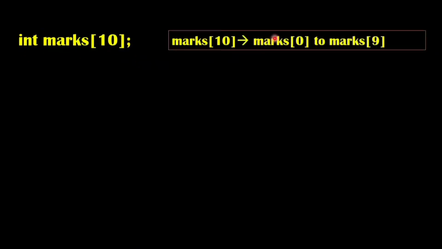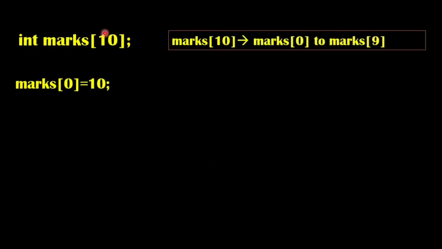You can store the marks from marks[0] to marks[9]. When you declare an array as marks[10], you can store the elements from marks[0]. We start from 0 so that we can store till 9. Here 10 means the size, how many elements you can store.